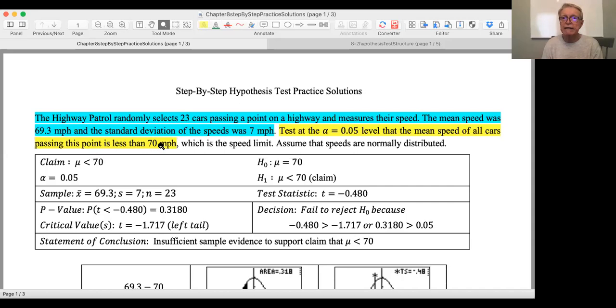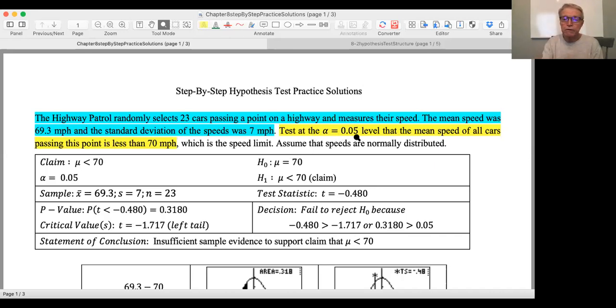First, we identify that this is a statement about a claim, and some of the problems may actually say claim, but what we're looking at is a statement that gives us a parameter and a relationship and a value. And it also gives us alpha, that unlikely probability.